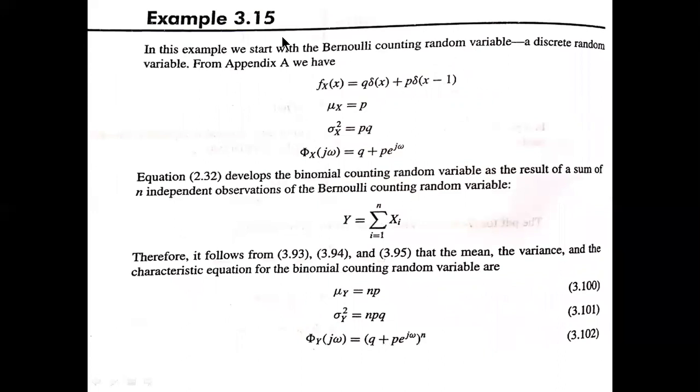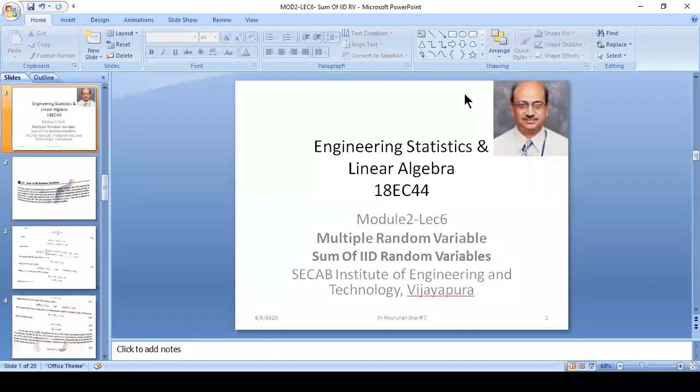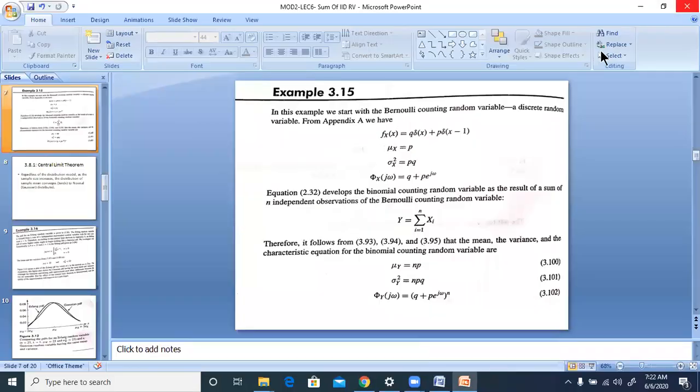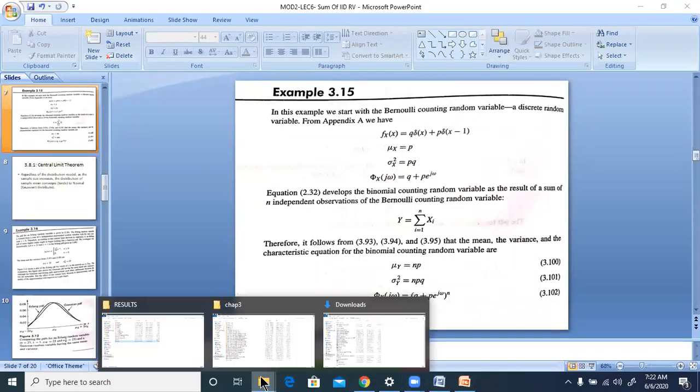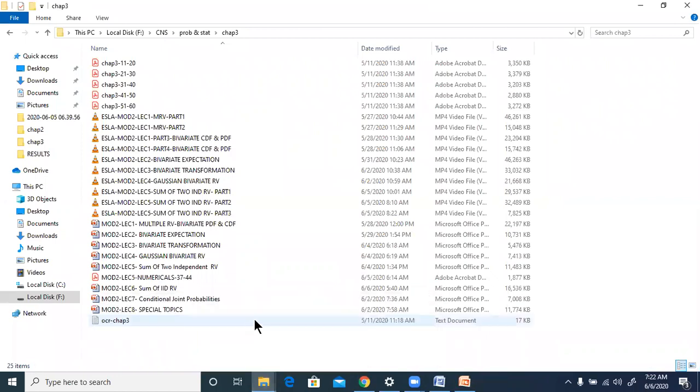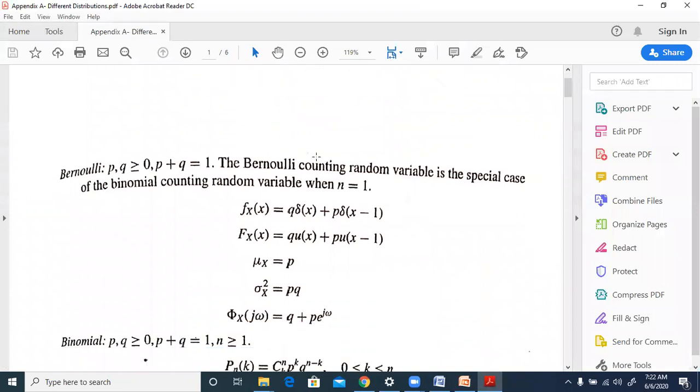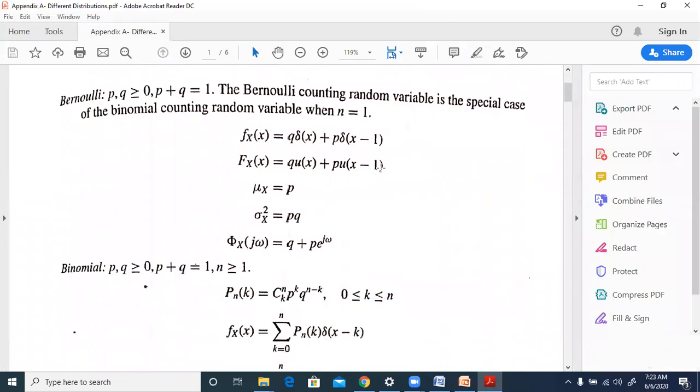Let us take another example where we'll consider the Bernoulli's counting random variable, which is a discrete random variable. And again, from the appendix A, we can check. So Bernoulli's random variable is this, right?